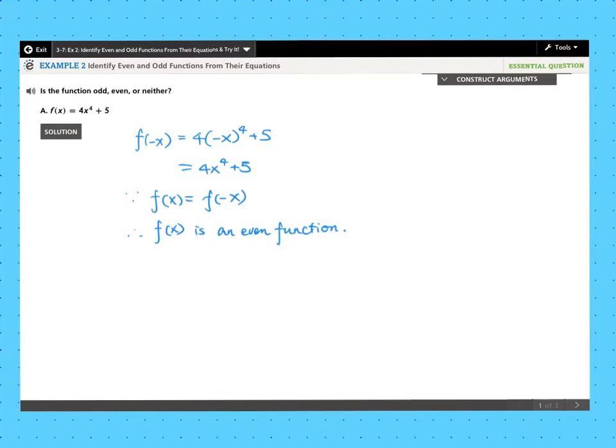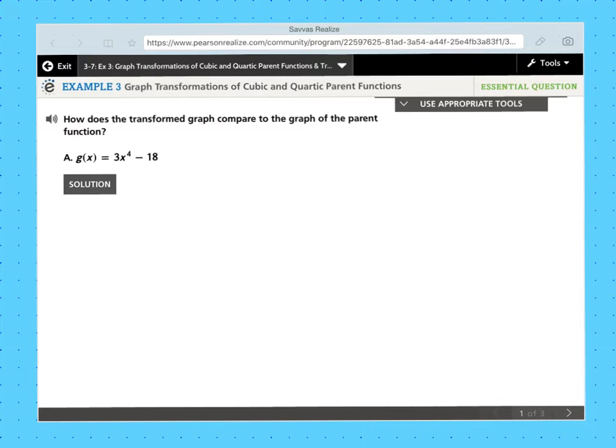Okay? I think there's one more exercise after this. Let's see. How does the transformed graph compare to the graph of the parent function? So this is an important exercise here. Let's look at this one. I'm given g of x equals 3x raised to the fourth minus 18.